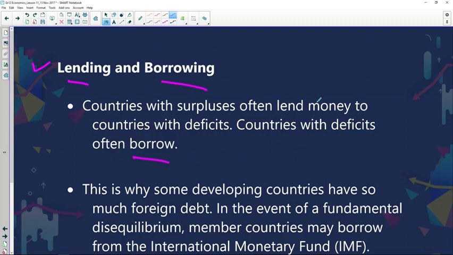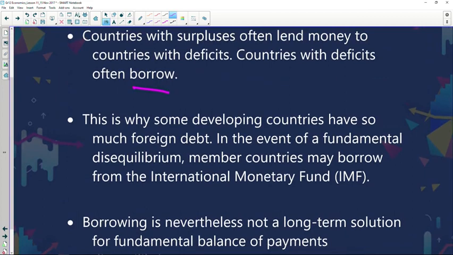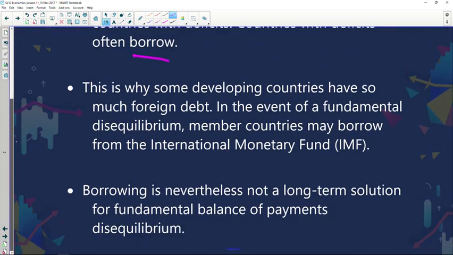In the event of a fundamental disequilibrium, member countries may borrow from the International Monetary Fund, also known as the IMF. So if you feel that you need to borrow as a country, that is the institution that you can approach. Borrowing is nevertheless not a long-term solution for fundamental balance of payment disequilibrium.